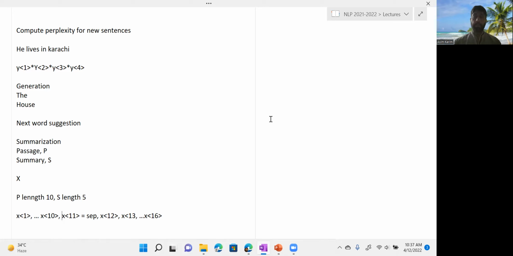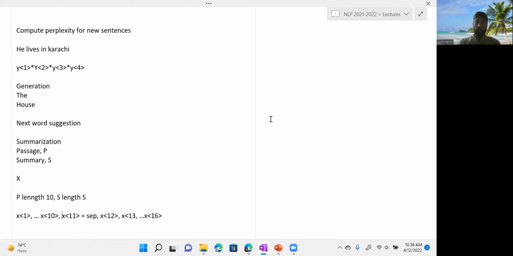So this is again an example of conditional generation, but now this is conditioned on a passage. So do you understand this point? And it can be used for summary generation. This sep token in between just tells us when the passage ends and when the summary starts, and maybe you can add some additional checks to make sure that you do not do any incorrect attention across this separation.